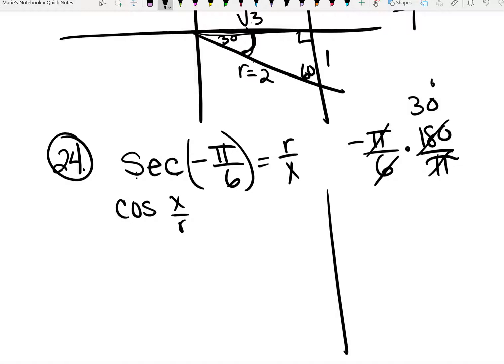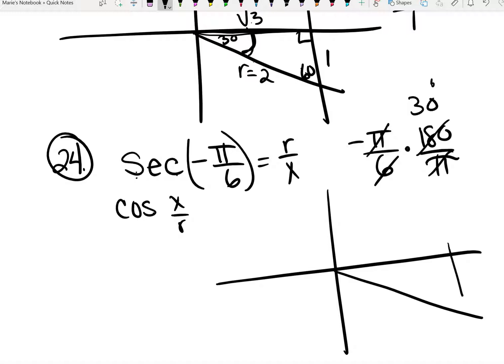So that means that I'm coming down from the x-axis, 30 degrees. Here's your 90, here's your 60. Again, r is 2, hypotenuse. Your x is square root of 3.